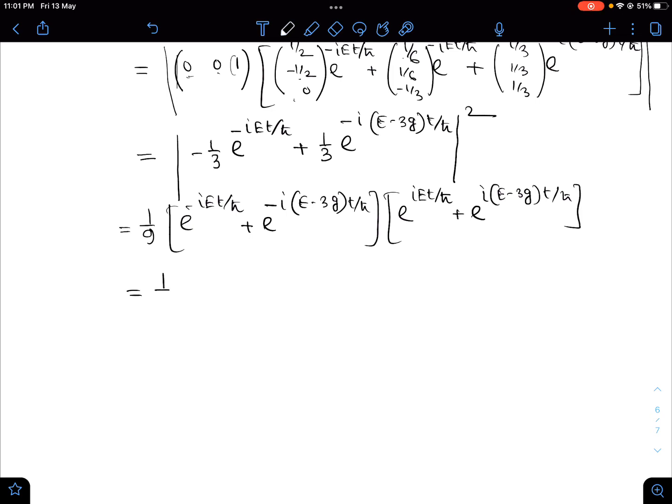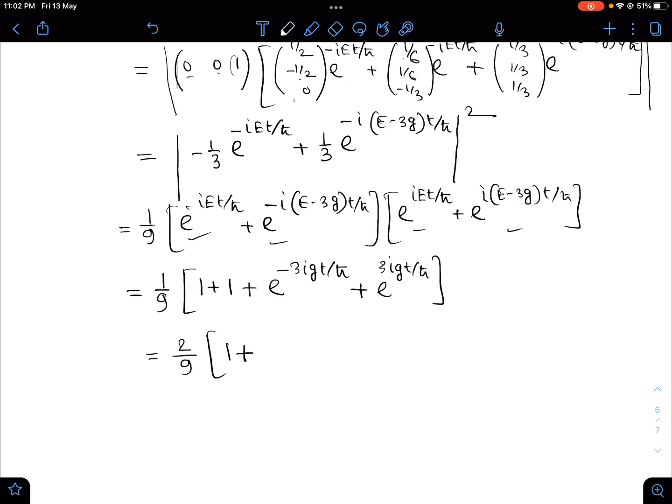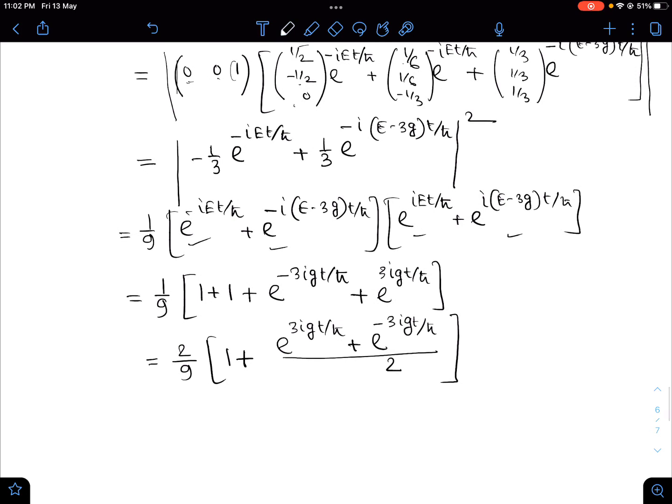So we will have 1 by 9. The first term will be 1, and this product will also be 1, and we will have e to the power 3i gt by h cut, and also e to the power minus 3i gt by h cut. If we take 2 out, we will have e to the power 3i gt by h cut plus e to the power minus 3i gt by h cut, by 2. Okay, so I think I have made a mistake.